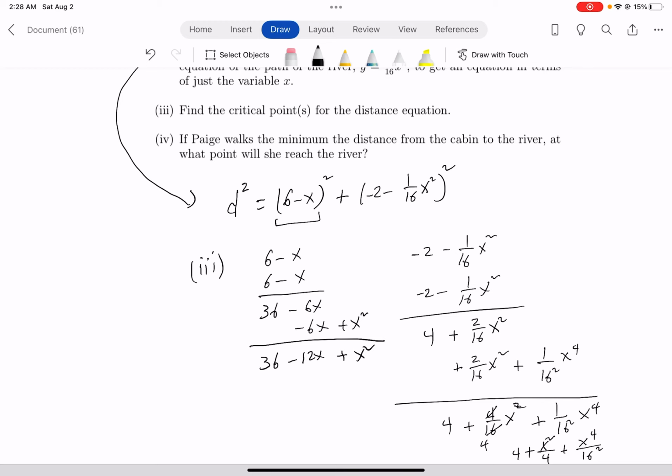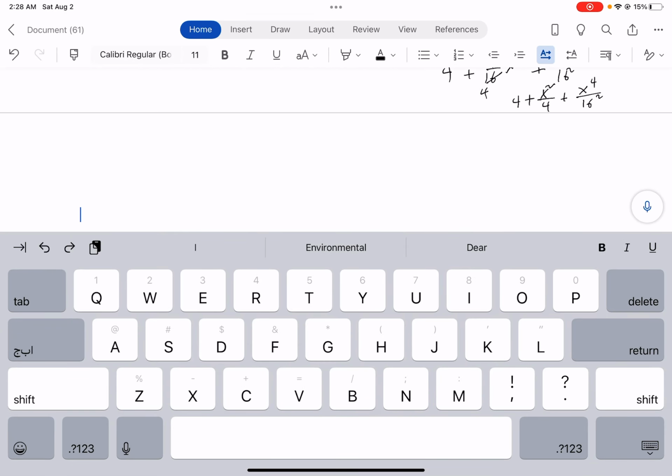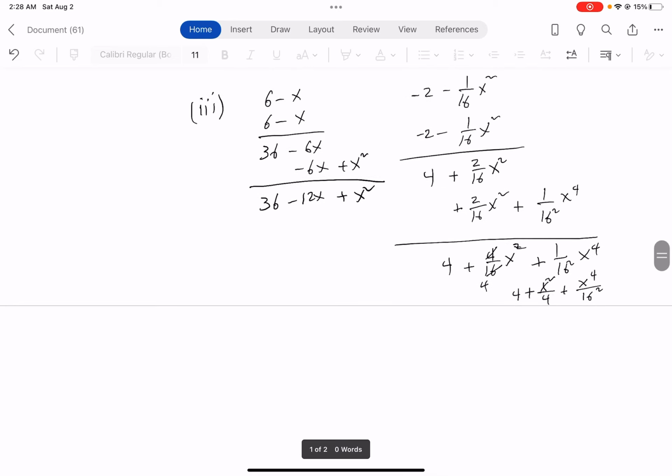Okay, so that's it. Now, let's go down a little bit. So expand both, and now we will put it like this.